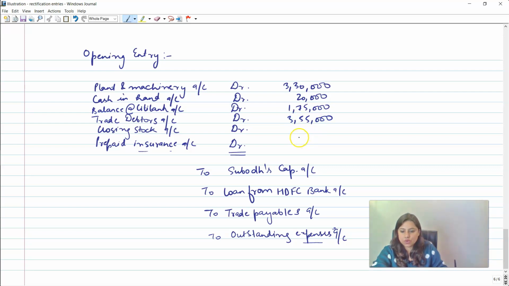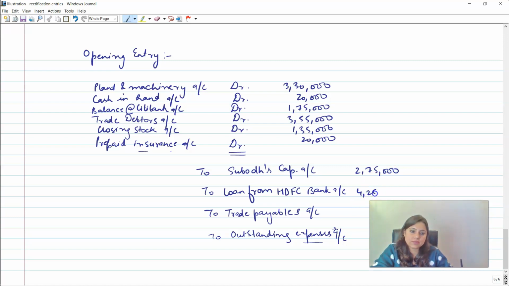And then for closing stock, we have 1,35,000 and prepaid insurance 20,000. So the capital we have as 2,75,000. Then loan from HDFC Bank we have 4,25,000. And trade payables come out to be 2,95,000.